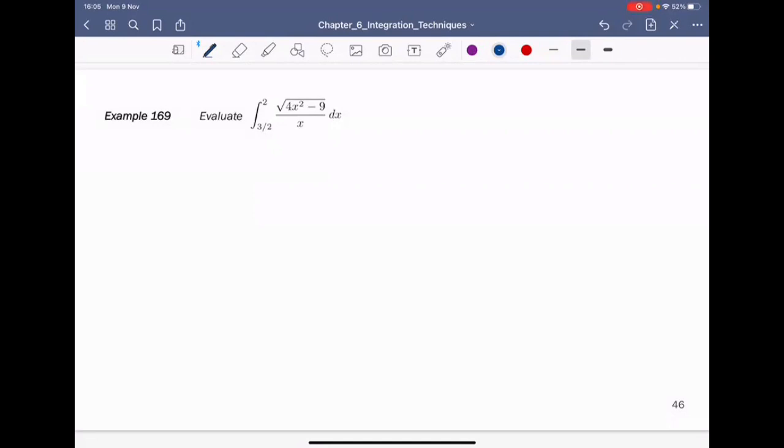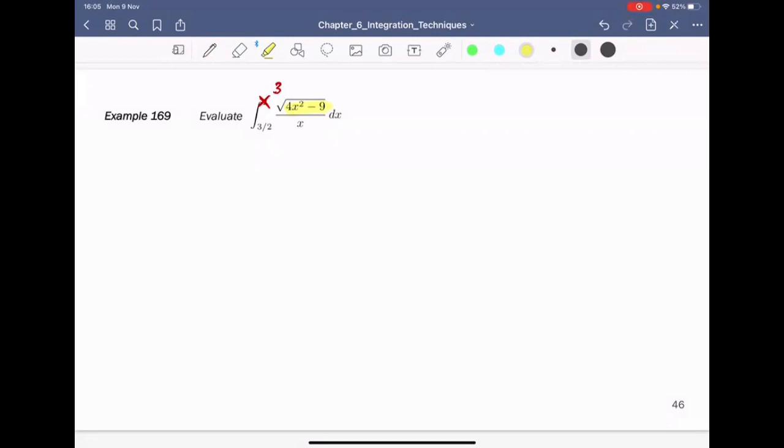All right. So for this question, to make the number look nicer, let me kill this thing, and let's say this is 3. The number looks nicer when you use 3. All right, let's do it. So we're gonna start by seeing something inside the square root here.